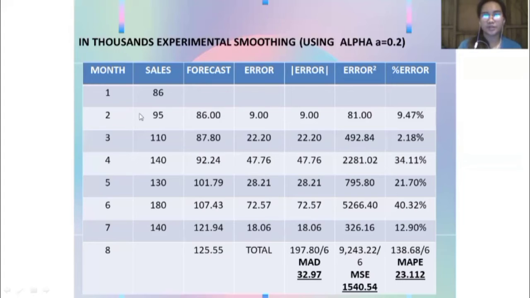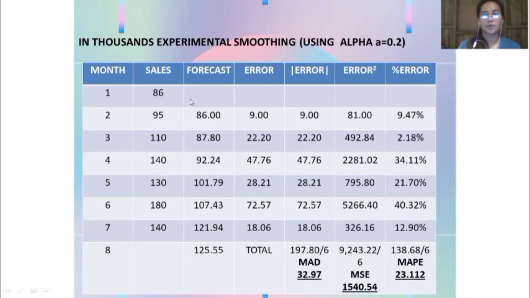So 0.2 times 95 and then plus 0.8 times 86, so that we can get this one, 87.80. And again, 0.2 times 110 plus 0.8 times 87, we can get this 92, so on and so forth.